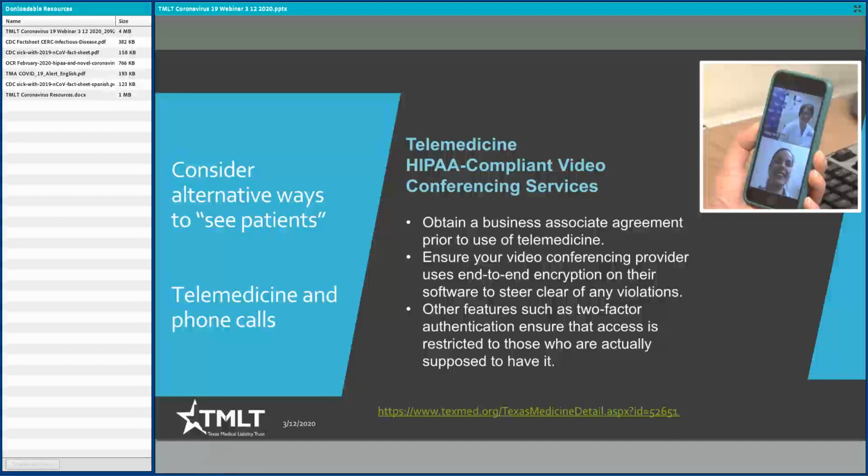As mentioned earlier, you may want to consider alternative ways to see patients, such as telemedicine. Make sure that you're using a HIPAA-compliant video conferencing service. Don't just start FaceTiming with your patients. You need to obtain a business associate agreement prior to the use of telemedicine.